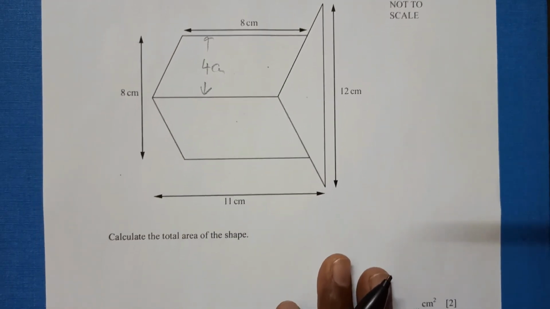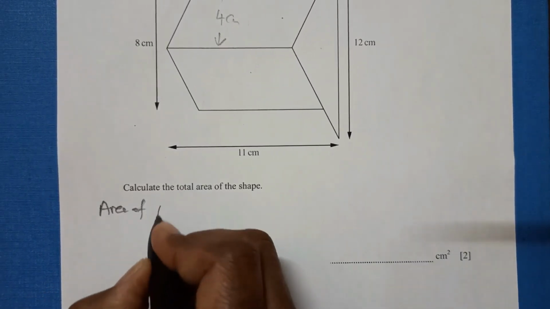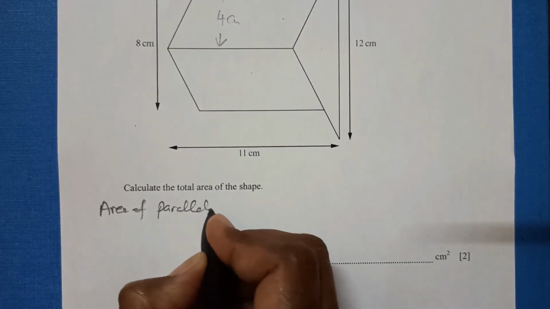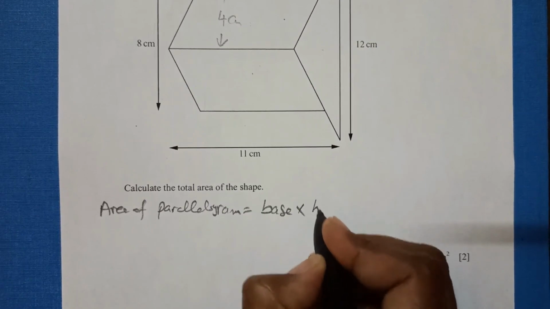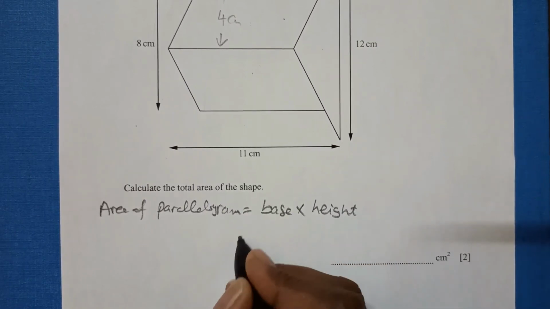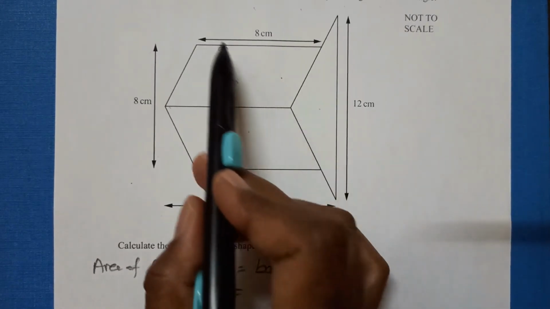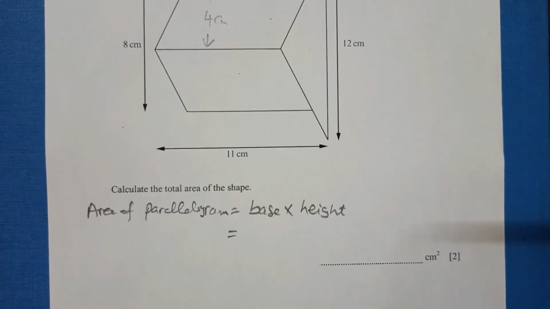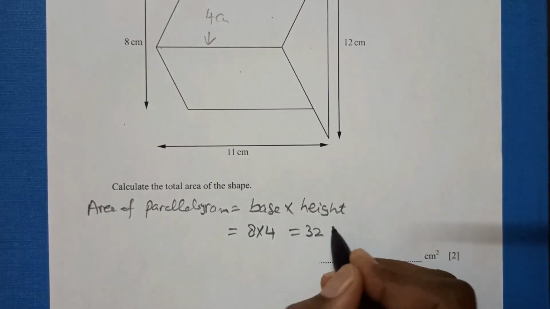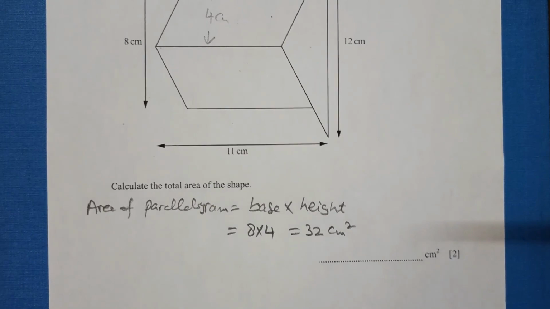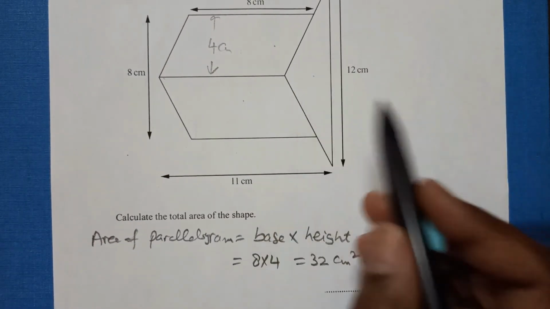So first we will find the area of the parallelogram. Area of a parallelogram is base times height. So this is the formula, and the base here is the one given to us, 8 times 4. So this is 8 times 4, that is 32 centimeter squared. We have two parallelograms here, that we will do afterwards. And then the third one is the triangle.